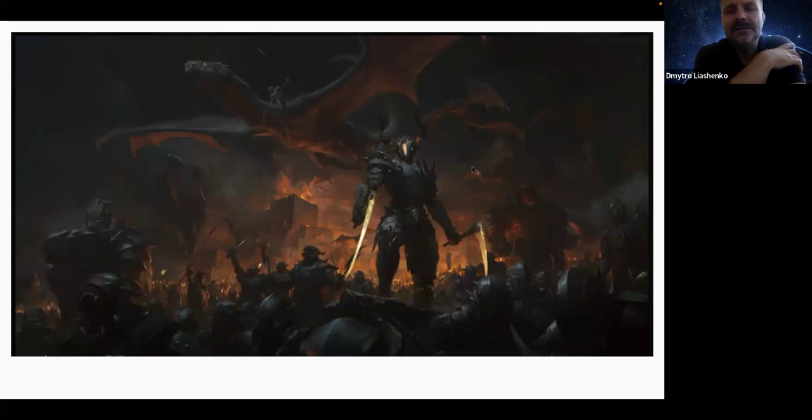In this graphic, we can see persons, these warriors, orcs, and light shows us the main figure in the composition.